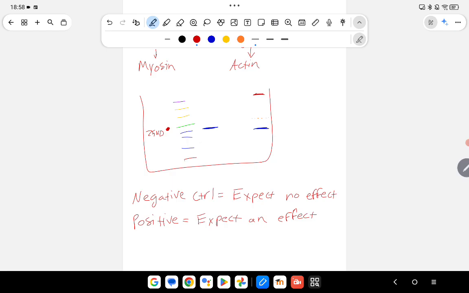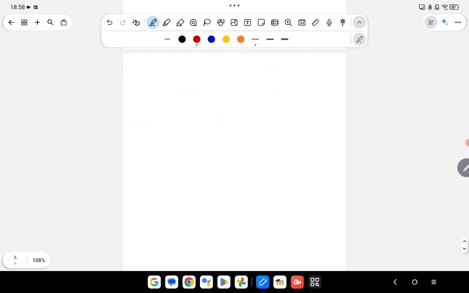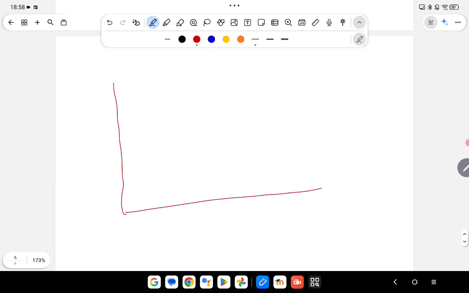So, I want y'all to understand why we took the log 10 versus just the mass. In immunodetection, we did the y coordinate, or the distance in pixels.